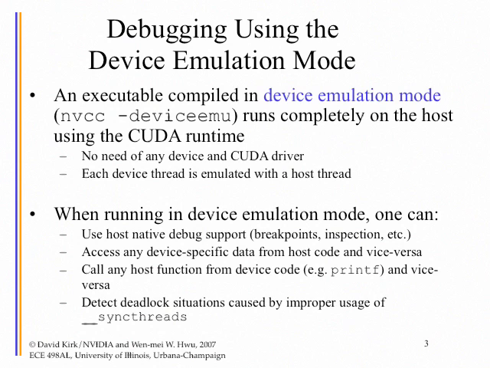And there are also some subtle things. When you're running in the device emulation mode, you can use host native debug support, breakpoints, inspection, and so on, GDB, and pretty much anything you want, which is great. You can set breakpoints, you can single step, great.